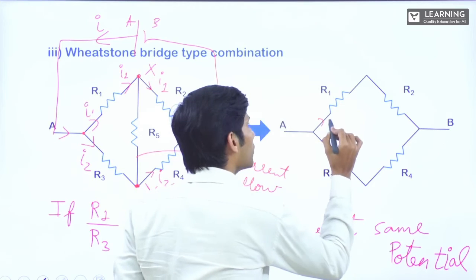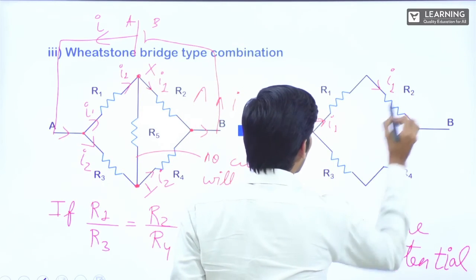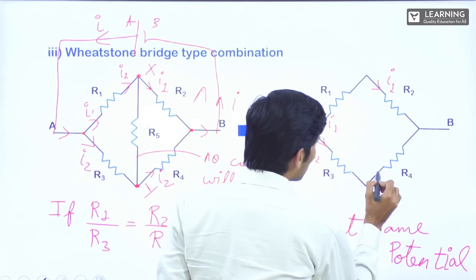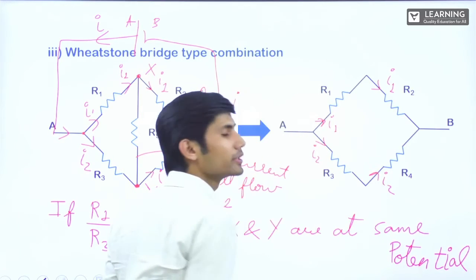Current I1 is going here, the same I1 will flow here. I2 is going here, the same I2 will flow here. We can remove this wire because this point and this point are at same potential.